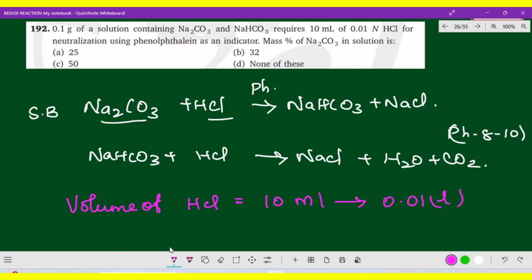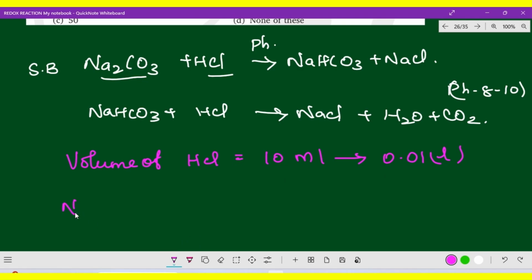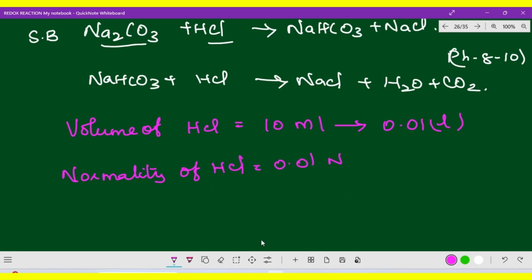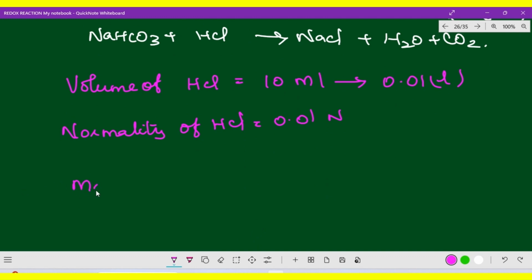Next, the normality of HCl, which they mentioned as 0.1 N. Moles of HCl equals normality times volume in liters, so 0.1 N into 0.01 liter.